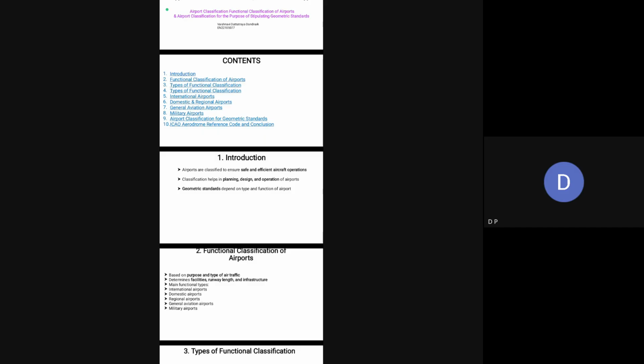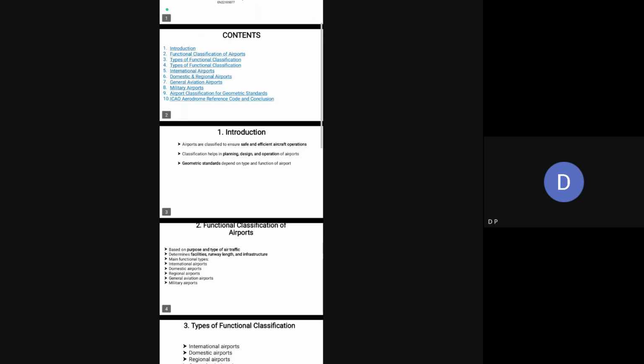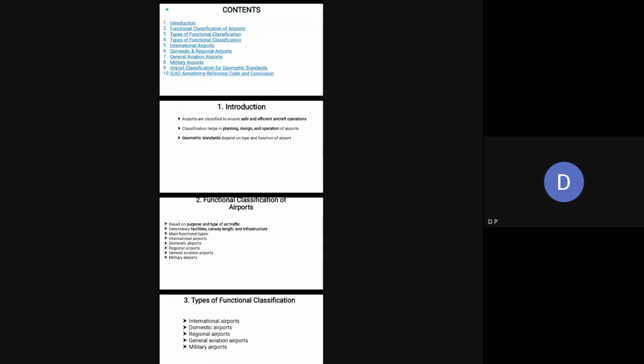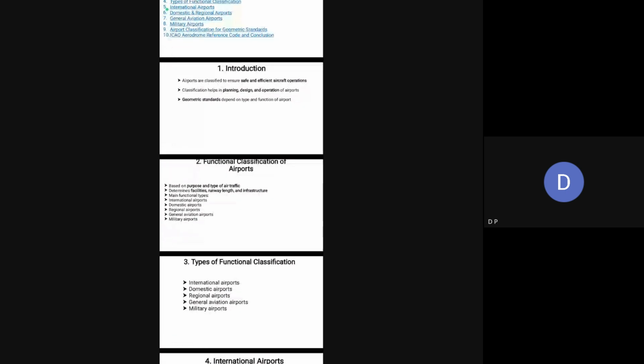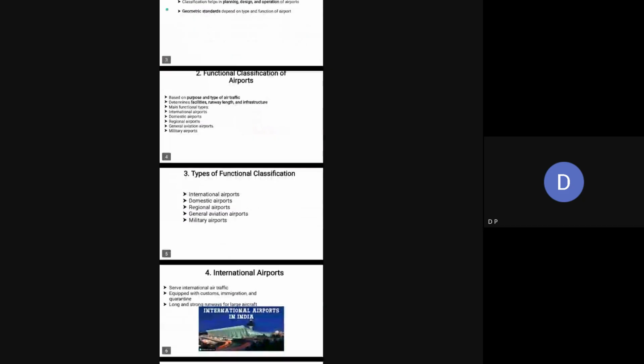Main functional types: international airports, domestic airports, regional airports, general aviation airports, military airports.